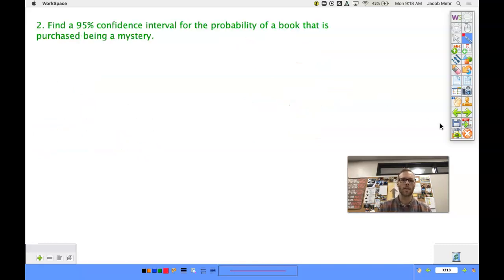So let's go back to that problem and find a 95% confidence interval for the probability of a book being purchased as a mystery book. Remember our p hat was 0.35. We are going for a 95% confidence interval, so we need the z-score for 95%, and that is 1.96.